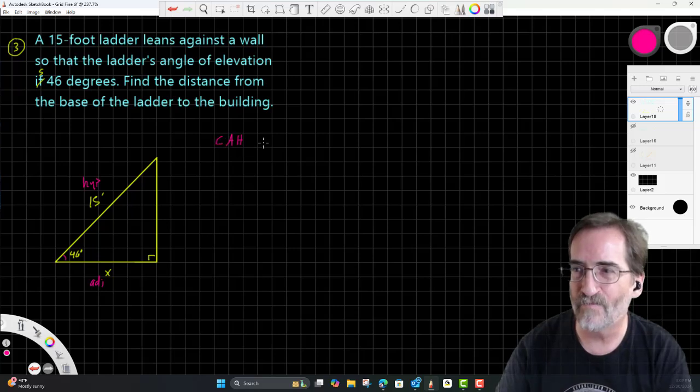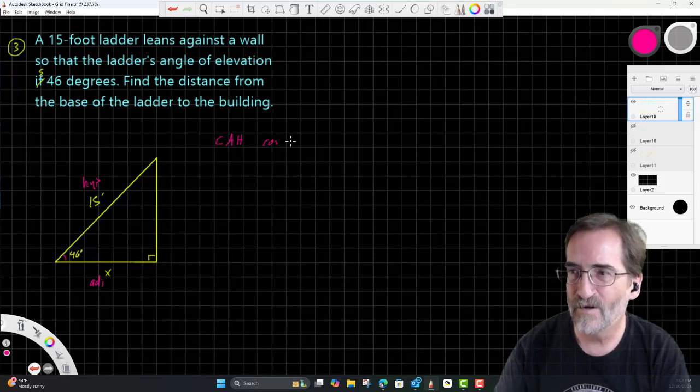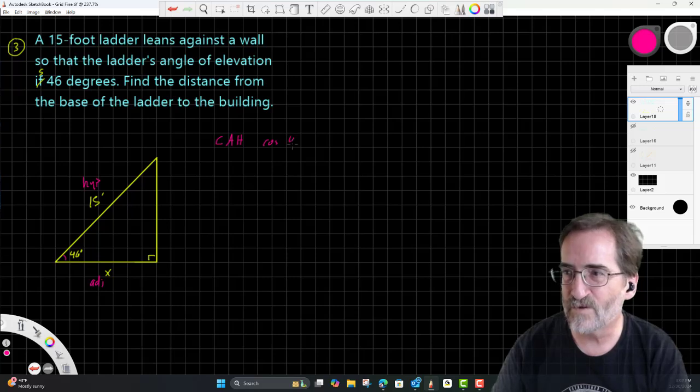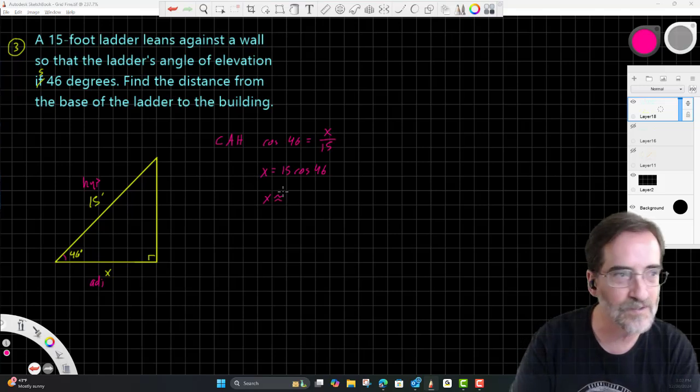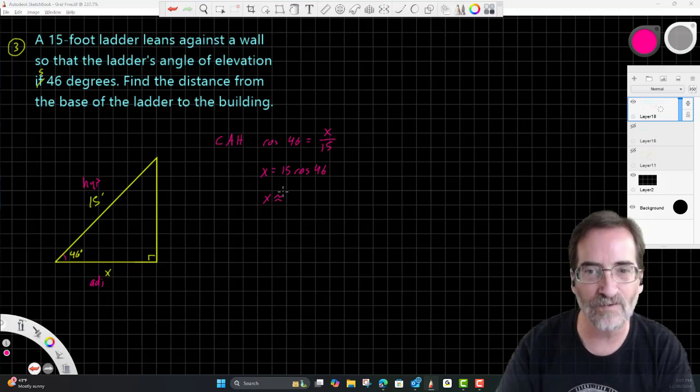SOHCAHTOA, this is CAH, cosine of 46 degrees equals adjacent over hypotenuse, 15. Multiply by 15, x equals 15 cosine 46. So x is approximately, let's go ahead and do this to the nearest hundredths.